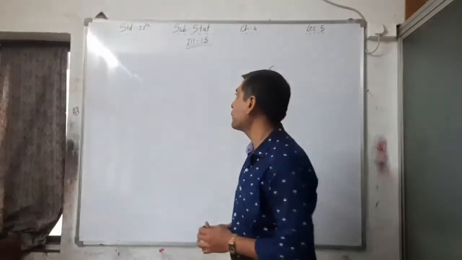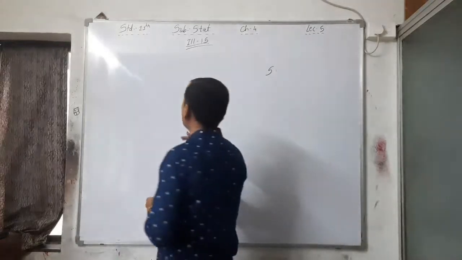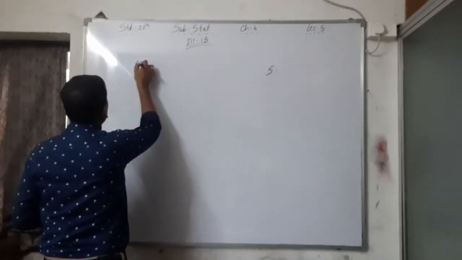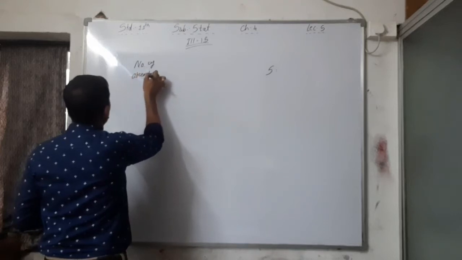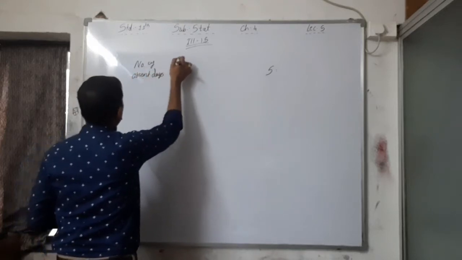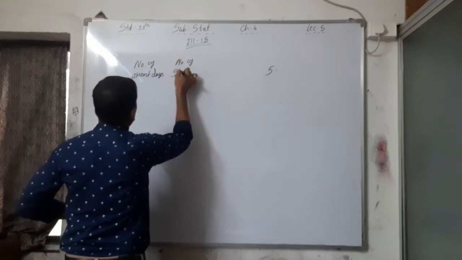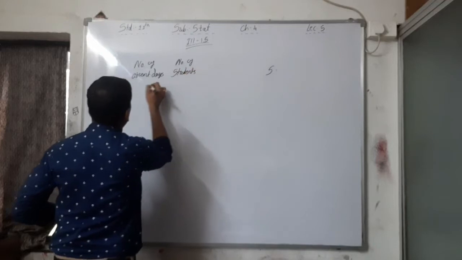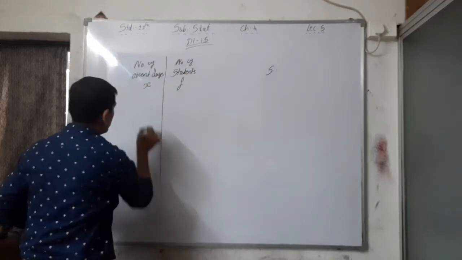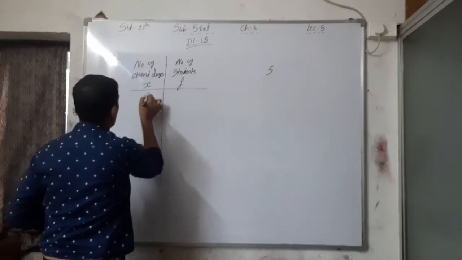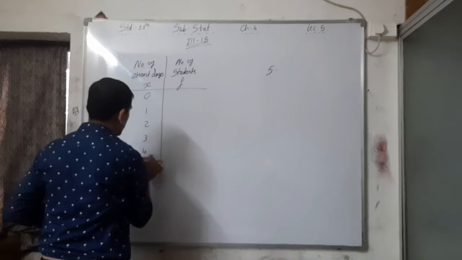Okay, so here I am doing that. Please write down these number of absent days and number of students. Here it is your X, here it is your F. 0, 1, 2, 3 and 4.